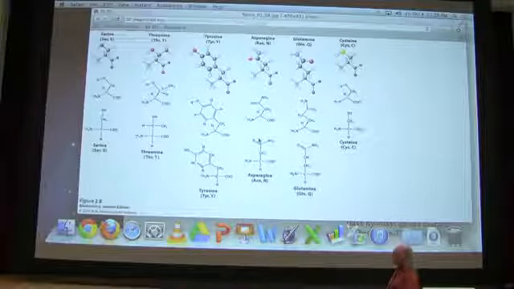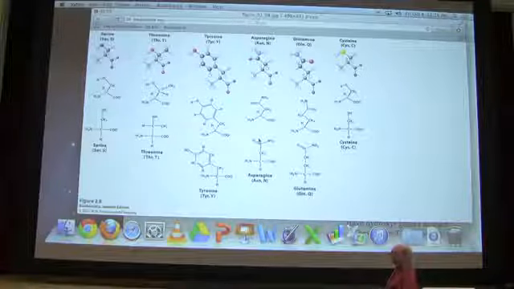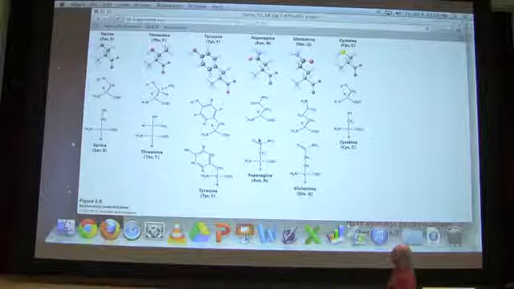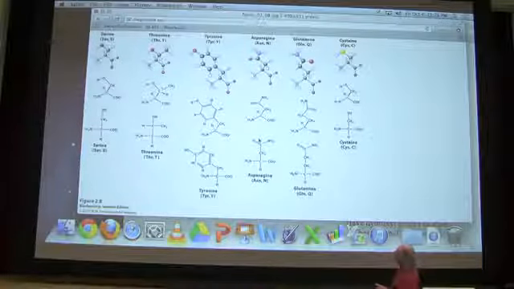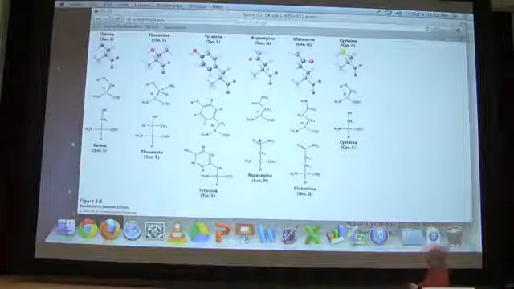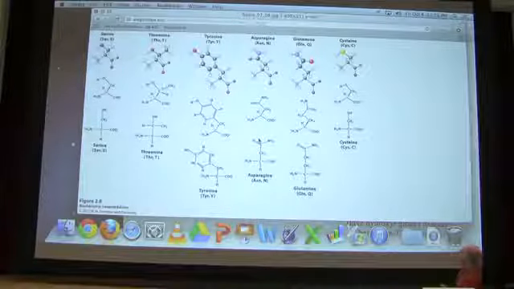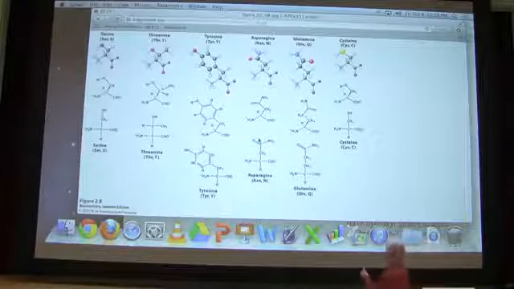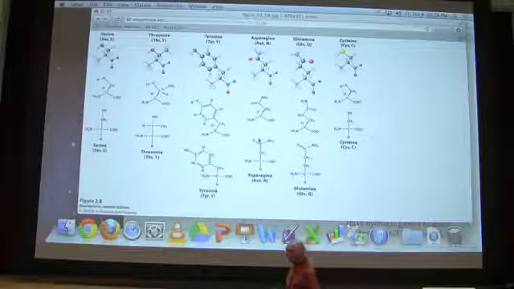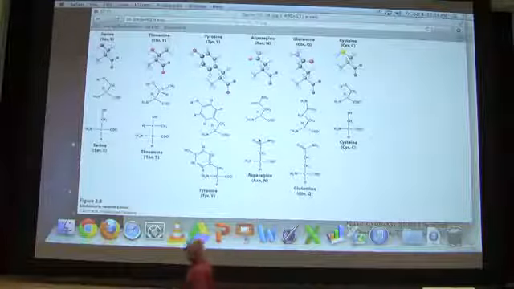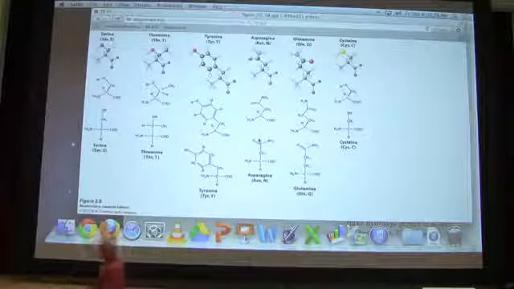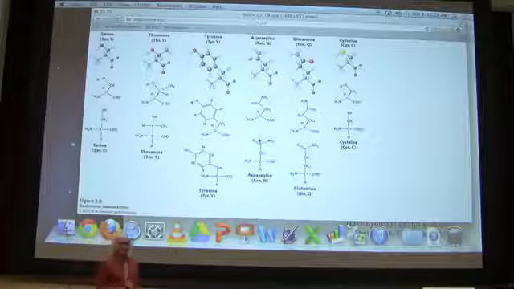Here's a hydroxyl, here's a hydroxyl in the R group, here is a hydroxyl in an R group. Here is a carboxamide in an R group, here's a carboxamide in an R group, and here's a sulfhydryl in an R group. That sulfhydryl can actually lose its proton and become an S-, which makes it very much like water.